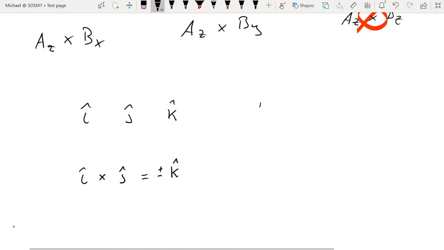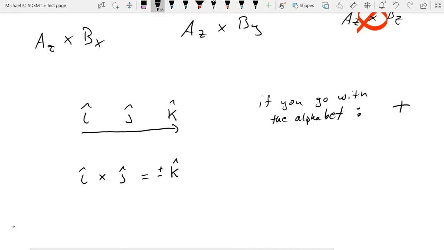So here's how we know. If you go with the alphabet, the outcome is positive. Well, what do we mean going with the alphabet? Well, when you recite the alphabet, I comes before J comes before K. So in that case, are we going with the alphabet? Well, I comes before J, and after J comes K. So yep, we're following the alphabet. So the outcome is a positive k hat.